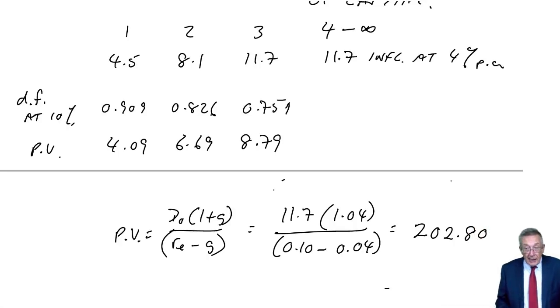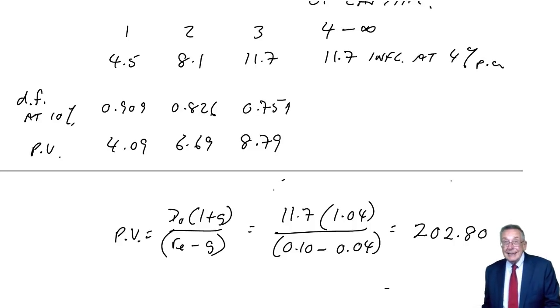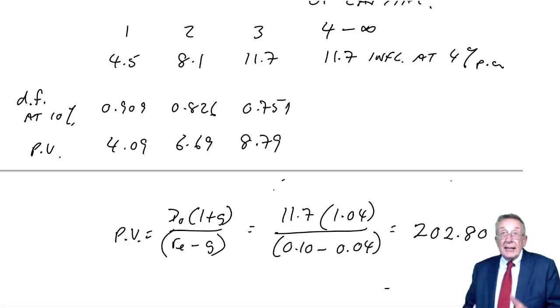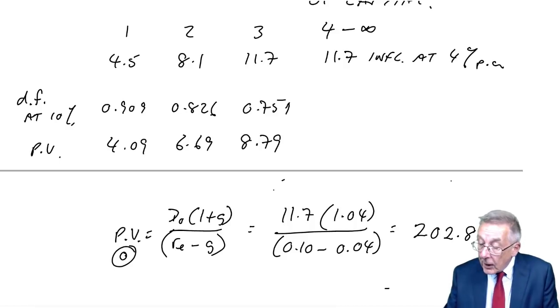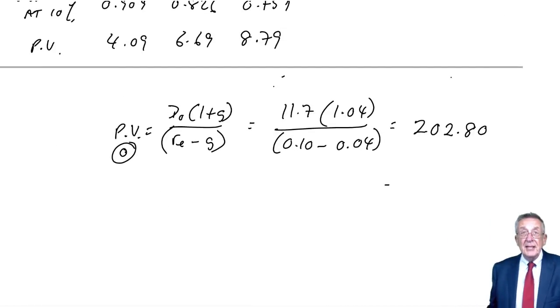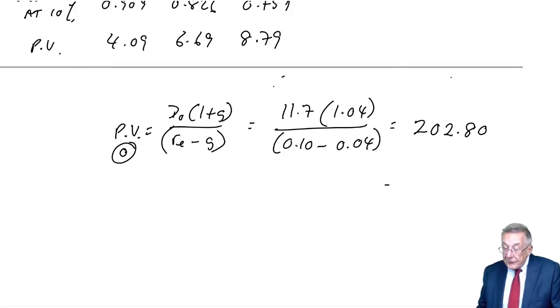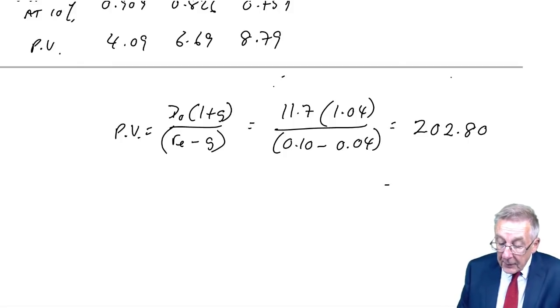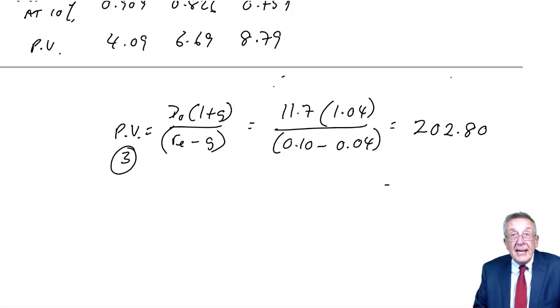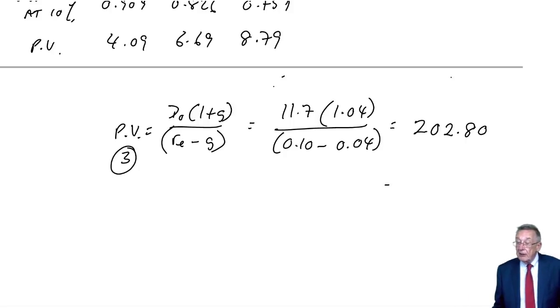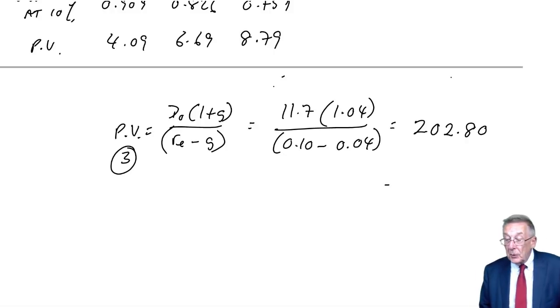Now, that would be fine if the flows were 1 to infinity. Had it been 1 to infinity, that gives us the present value now, at time 0. But because the flows are 4 to infinity, they start in 4 years' time instead of 1 year's time, so 3 years later, the formula gives us a present value at time 3 instead of time 0. How do we get the present value now?